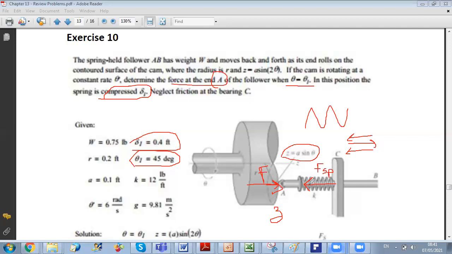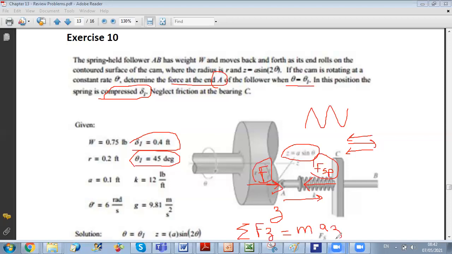Since our follower is just moving along Z, we have a 1D problem. It's one-dimensional motion because it's just going back and forth in one direction. So all forces acting on it are along Z. We have the force of the cam on it, and we have the spring force. So simply to get F, we should write that the sum of forces along Z on the follower is equal to its mass times the acceleration along Z, AZ.